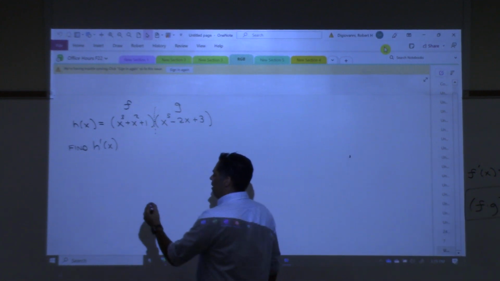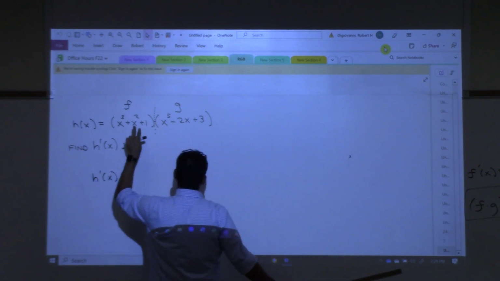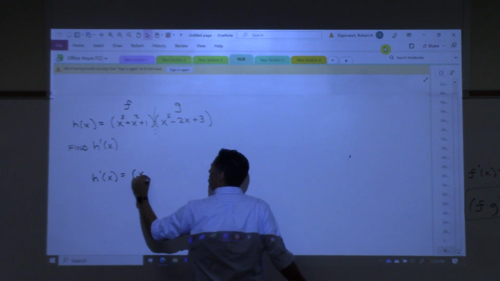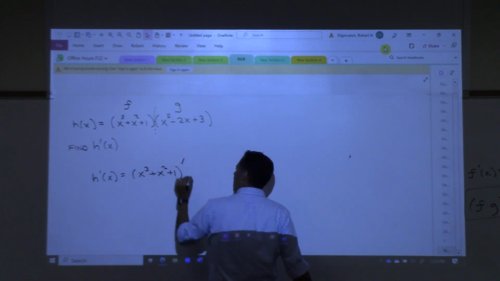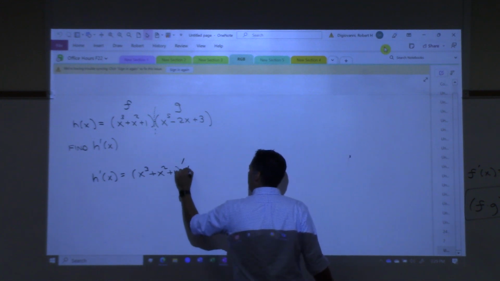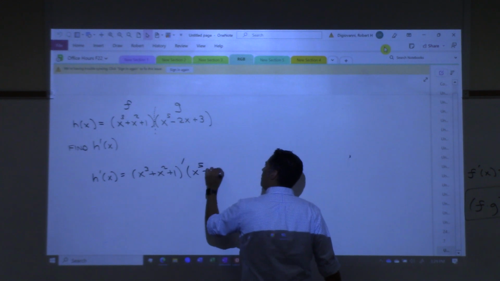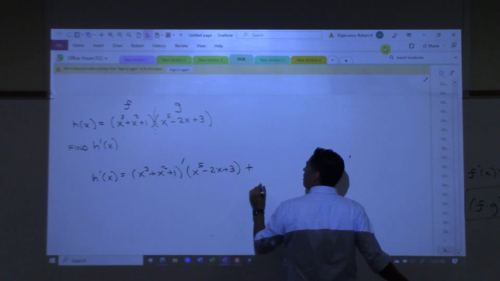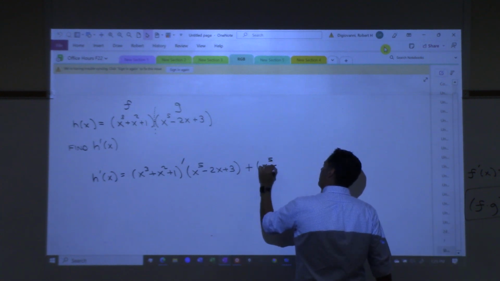All right, so the derivative, according to the formula, would be the derivative of the f function first. So I'm not going to do it yet. I'm just going to write it down. I need to take derivative of that. Then times the second function g, but I'm not going to take its derivative. Then I add to that g prime, which is the derivative of the second one, which I'm not going to take the derivative of.